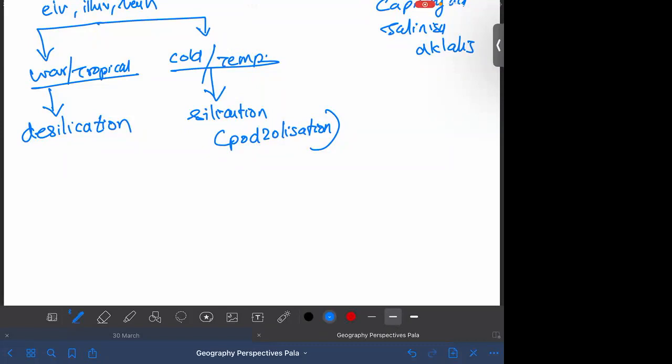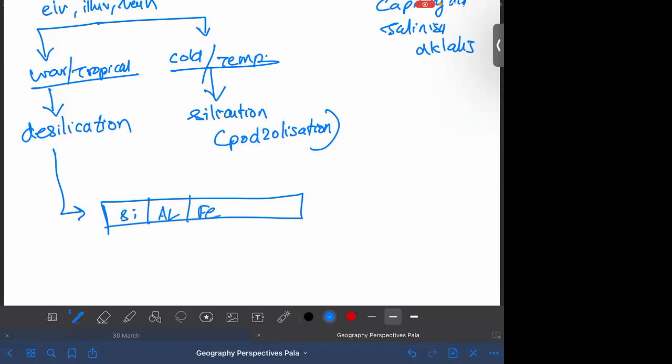Now, if you look at desilication, the upper soil horizon has several types of minerals. Here mostly you see silica, aluminium, Fe, and other organic minerals.